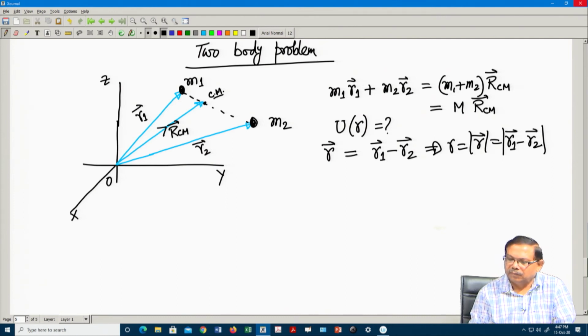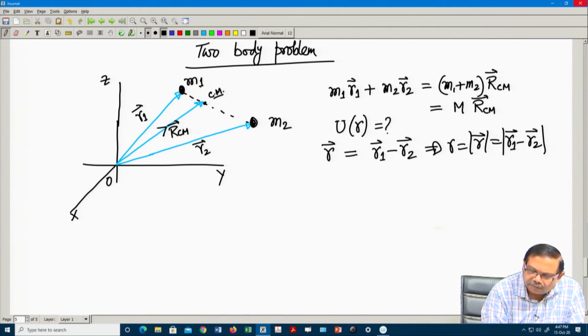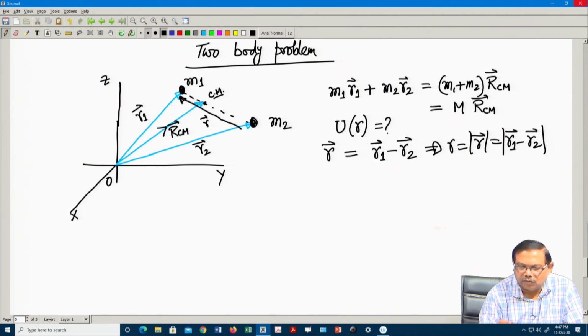Okay. So, this is what the position R is. Vector R is going from here to there, that is, from M2 to M1.